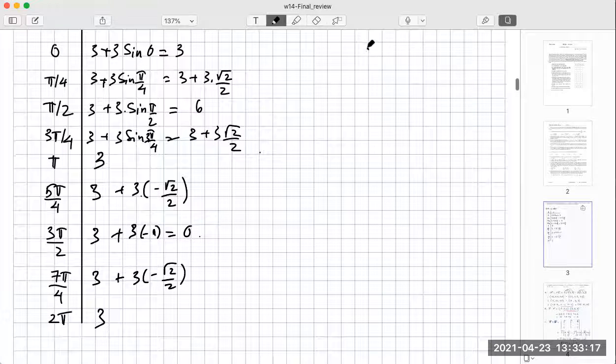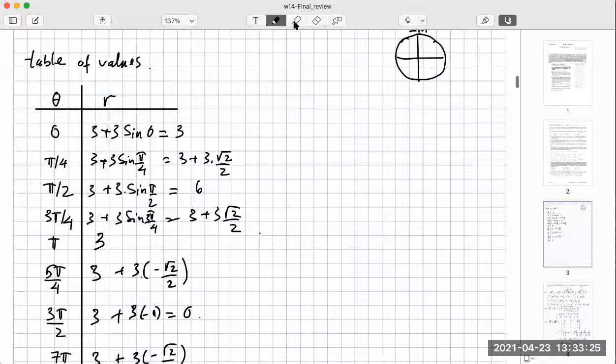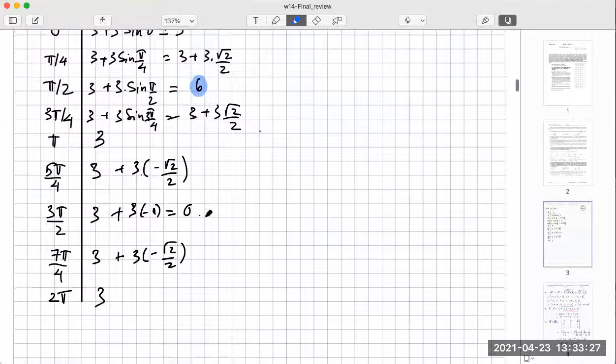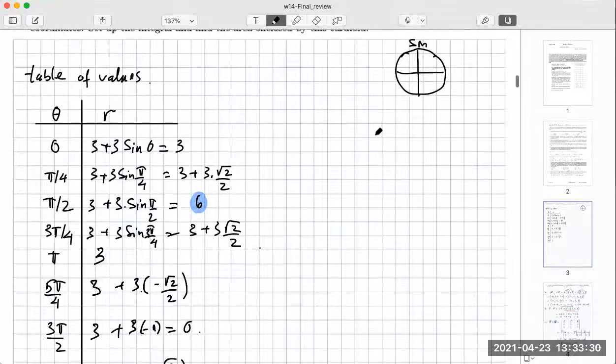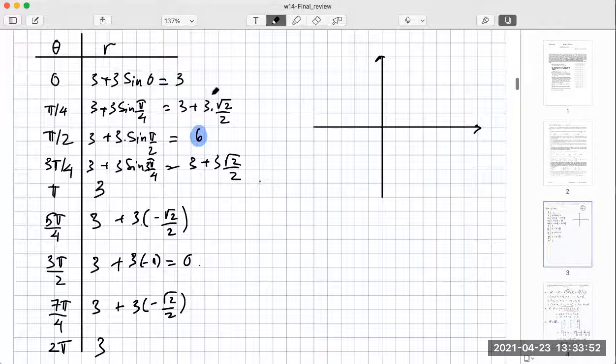So now let us draw a graph of this guy. And we know that the maximum value of r is 6 here, right? And the coordinate here, remember the theta angle starts at this point, parallel to the x-axis. It is theta equal to 0. So we start there. At 0, it is 3, right?